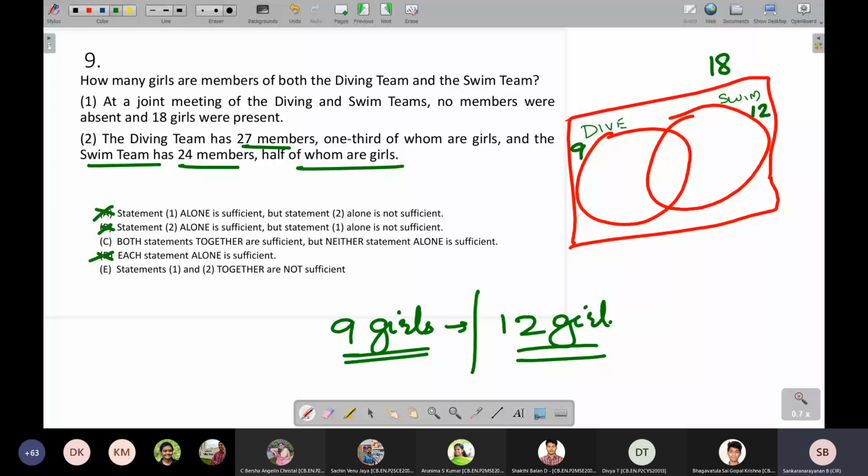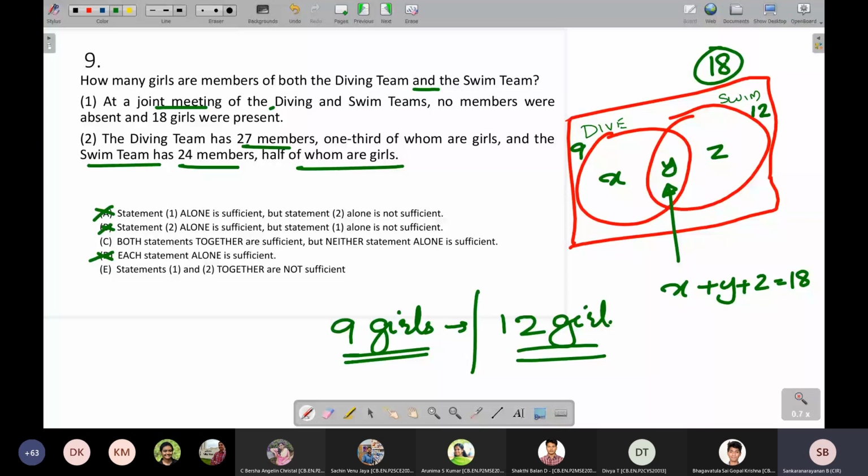So when I combine them, it is possible for me to find the value associated with this region, how many belong to both diving and swimming. You can do it in a very simple manner with Venn diagrams, X and Y and Z, where X plus Y plus Z is indeed 18, because the meeting is happening between the diving and swimming teams.